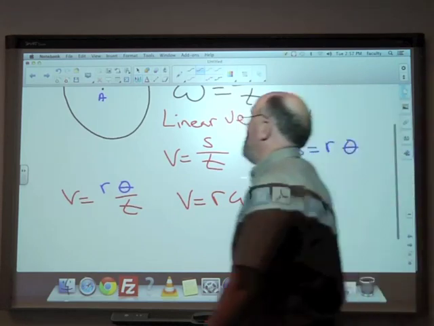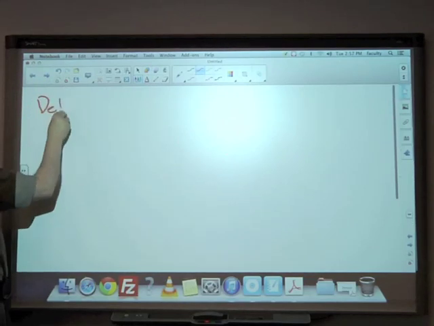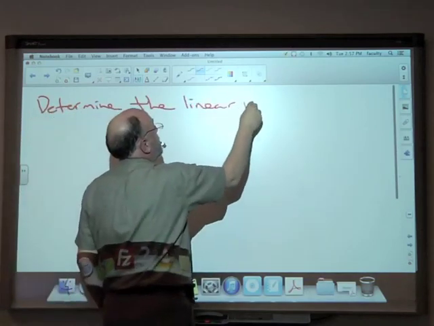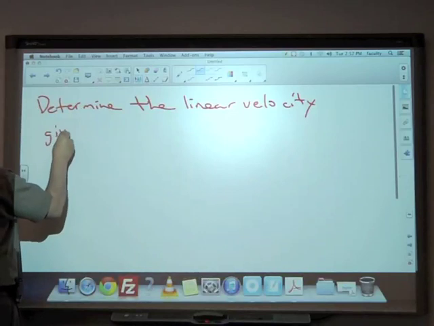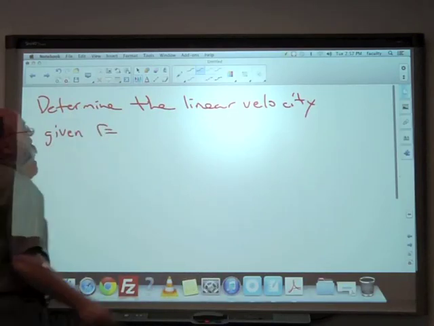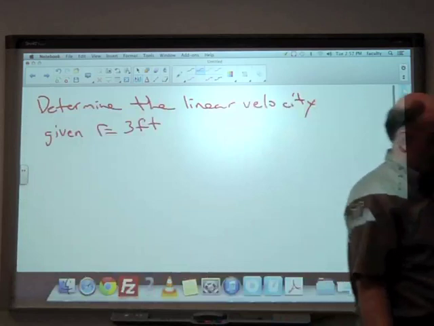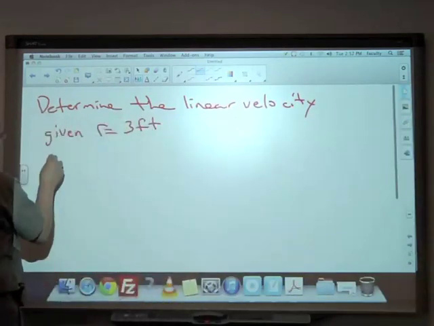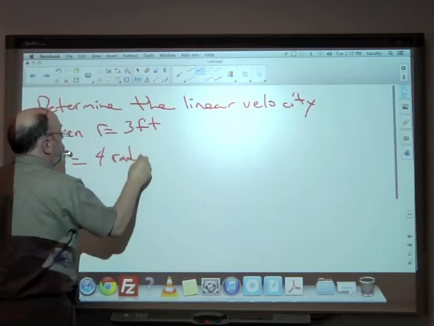So, for example, something like this. Determine the linear velocity given r equals 3 feet and the angular velocity is equal to 4 radians per second.